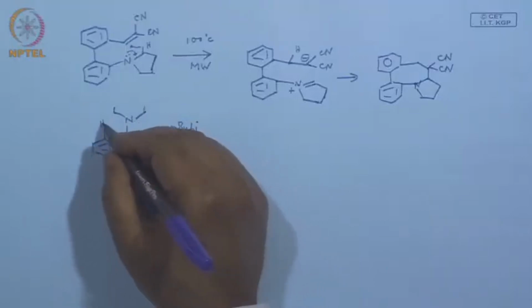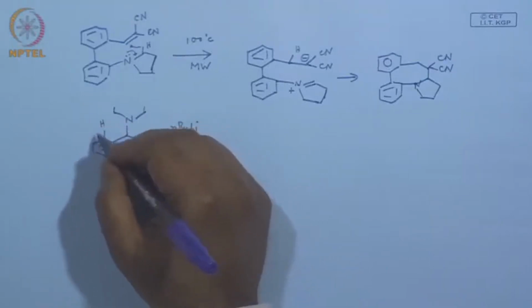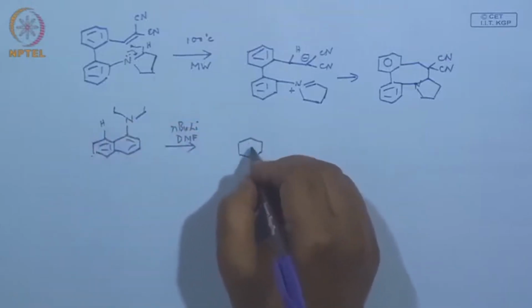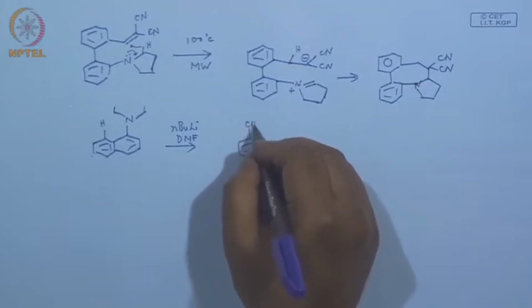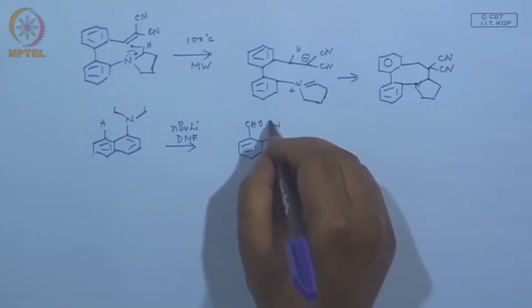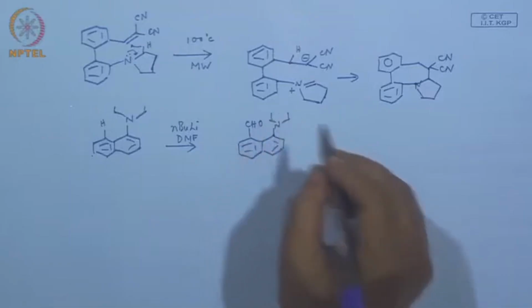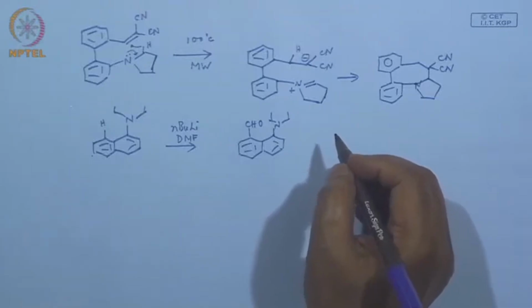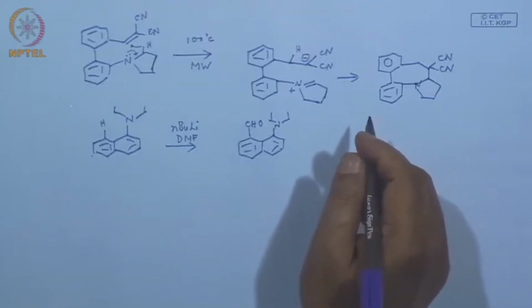Actually, if you have lithiation, you get a 5-membered ring sort of compound, and although yields are not good, one can quickly make this in one step without much problem, and then you can understand what we are going to do next, right?